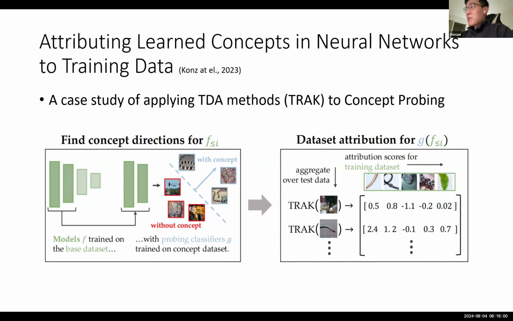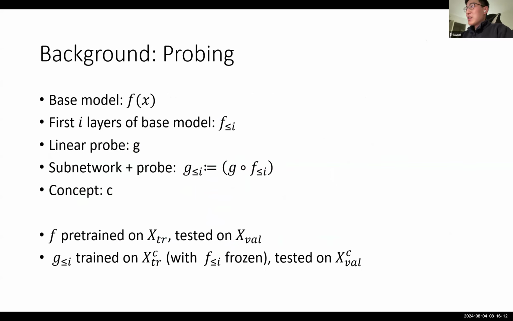The diagram here shows the main experiment procedure of their paper. I'll first discuss some background for the probing part, because I don't remember we have discussed this probing in our previous meeting.